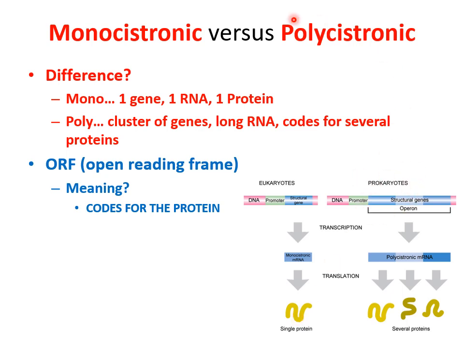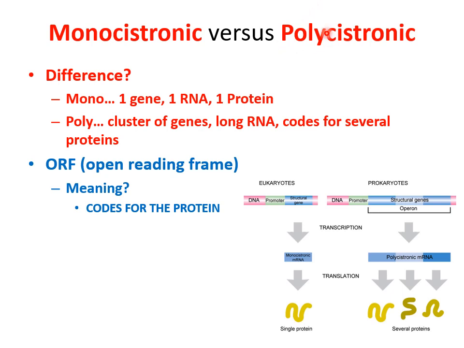Prokaryotes, on the other hand, have polycistronic systems in which you end up with a cluster of genes called an operon. So in other classes and in this class, you study it a lot of times, the lac operon, the trp operon. And this cluster of genes ends up coding for a long RNA, so a polycistronic mRNA, that then codes for several different proteins.